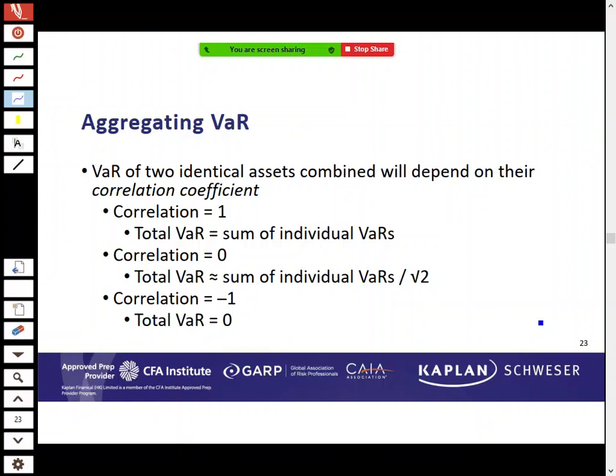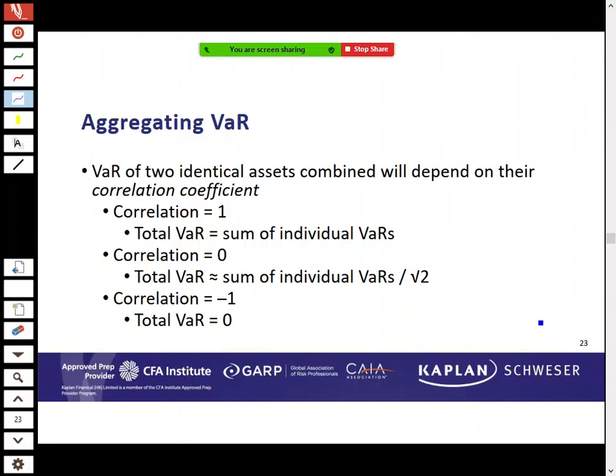But then again, even though we are not required to work out the portfolio VAR, we have to understand when we put different assets together, how does this impact the VAR at the portfolio level? And here what we're talking about is the correlations among these different assets in the portfolio.